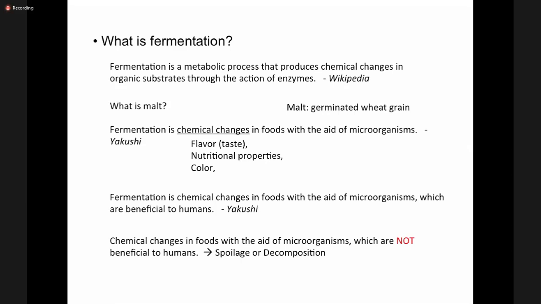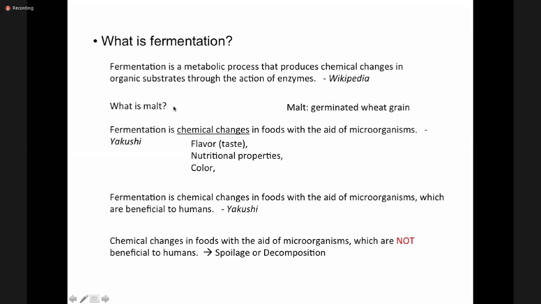So it is just the same as the definition of fermentation in Wikipedia. But we don't consider malt to be fermentation. Malt is not fermentation.